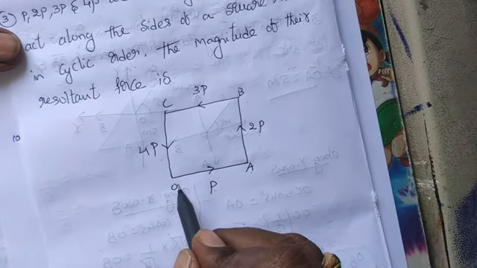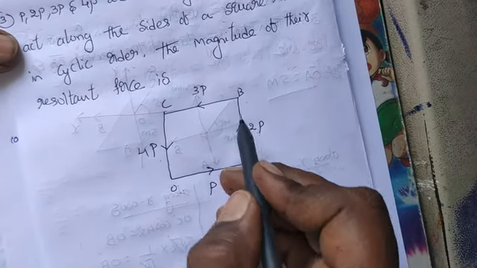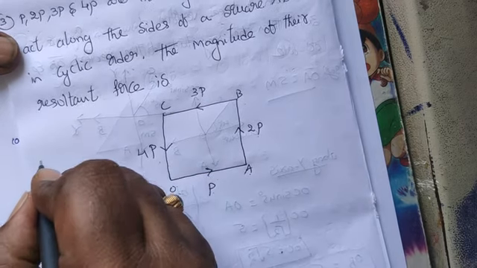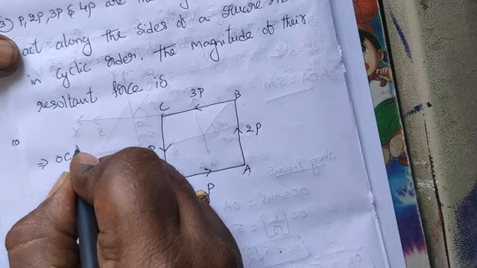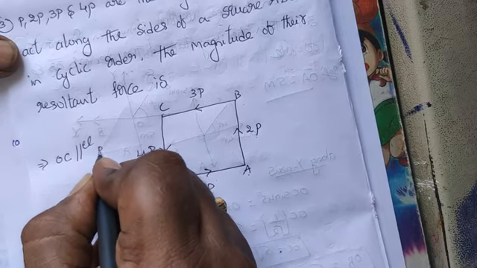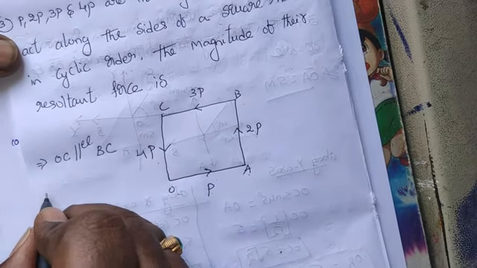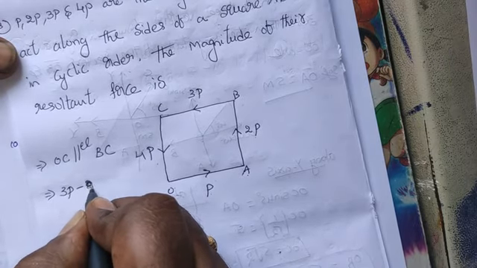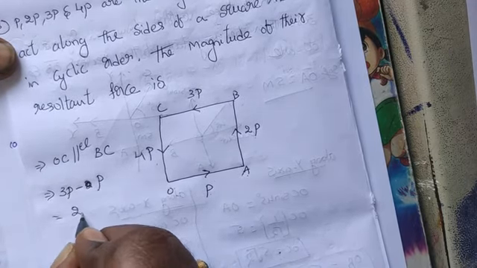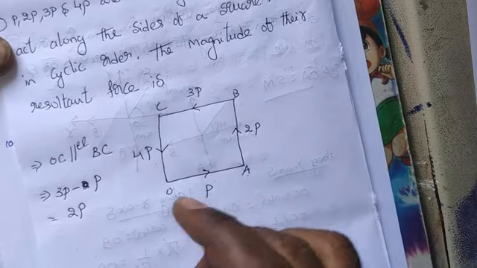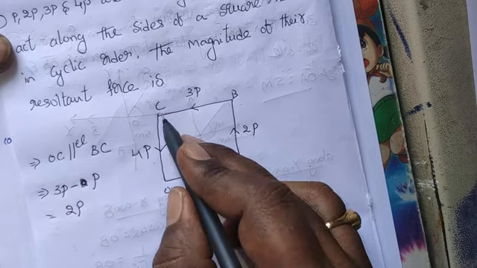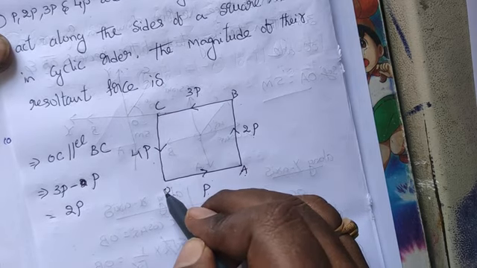If you observe here, OA is moving right side, BC is moving left side. These two are parallel. See here, OA is parallel to BC. It means what we should do? 3P minus P, that is 2P, on one side. And come here, A to B is moving upward direction, C to O is downward direction.